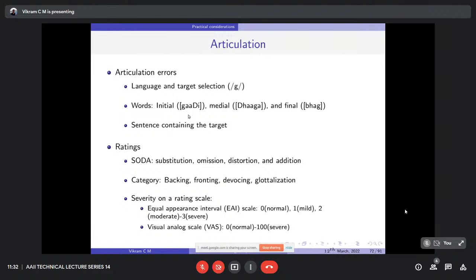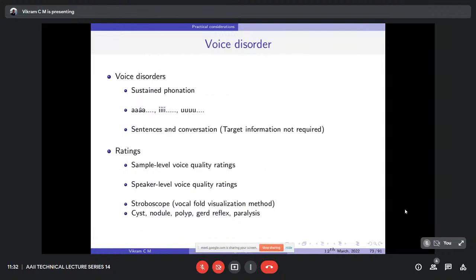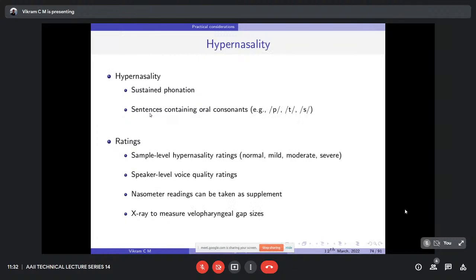For voice disorder, we need samples with vowels or sustained phonation. So this clearly says that the samples, the data we are going to collect from the disordered person, specifically depend on the clinical requirement and on the type of speech disorder we want to evaluate.